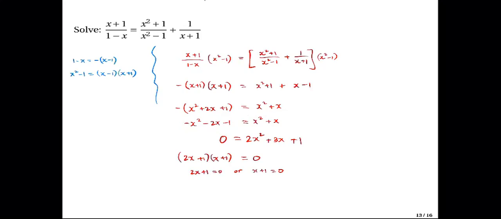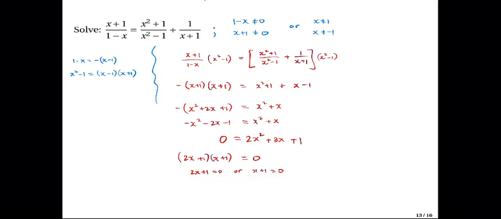Going back to the original expression here, our restriction is that 1 minus x cannot be 0, x plus 1 cannot be 0. Okay? Or x cannot be 1, x cannot be negative 1. Now, on this last line here, we have x plus 1 equals 0.